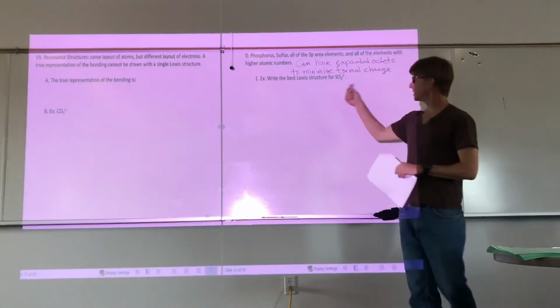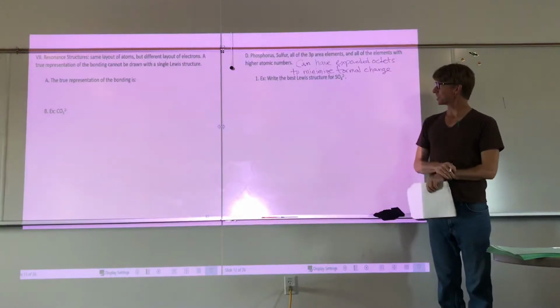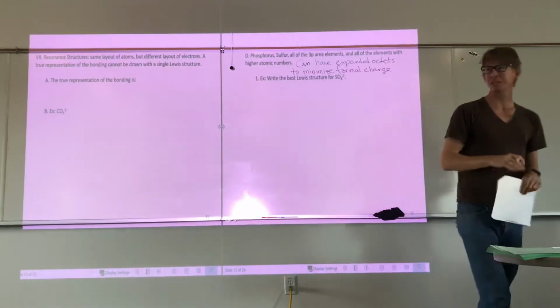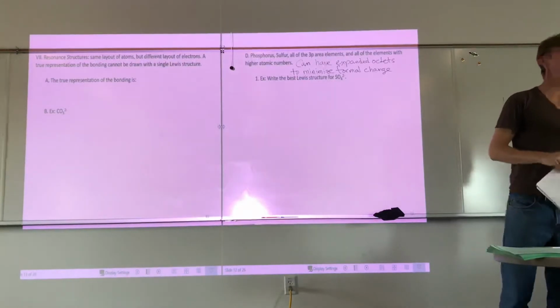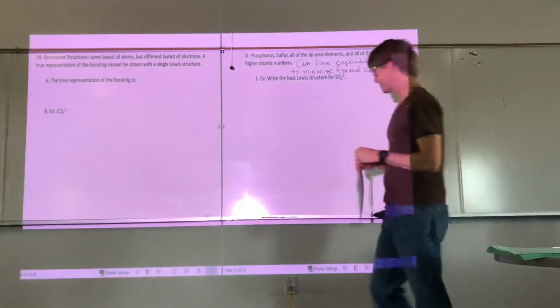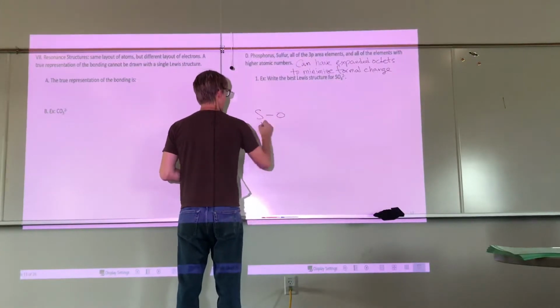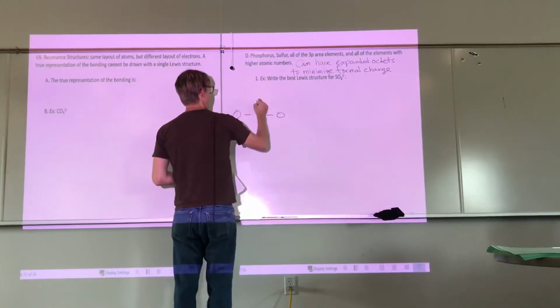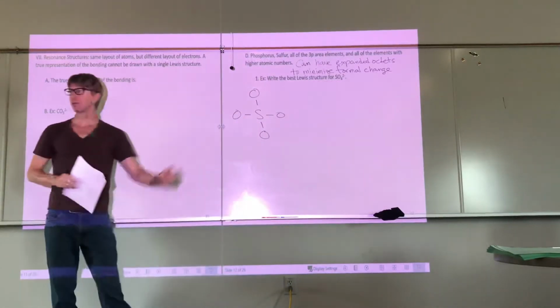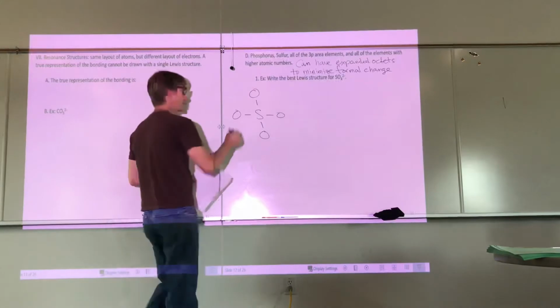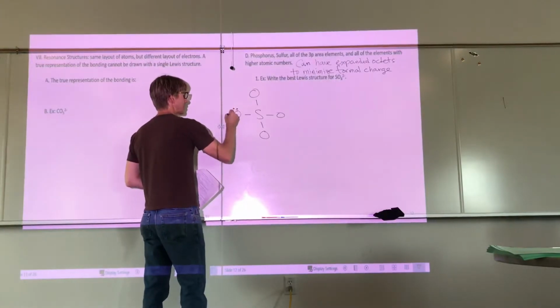A good example is write the best Lewis structure for the sulfate ion. And you may or may not have done this in Chem 300. If you did, you would complete octets in the following way. You would have sulfur bonded singly to each of the 4 oxygens, and then you would sprinkle all your electrons around.